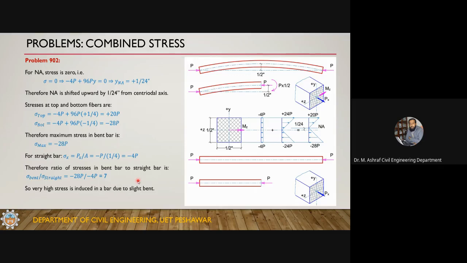In most cases we have a factor of safety of 2. If you haven't considered this eccentricity, which is the amount by which this rod is bent, or how far it is off the line of application of the load, so this is known as eccentricity. If the eccentricity is not taken into account in the design, it will result in the failure of the member.